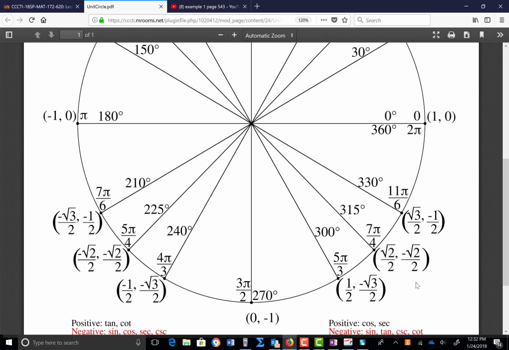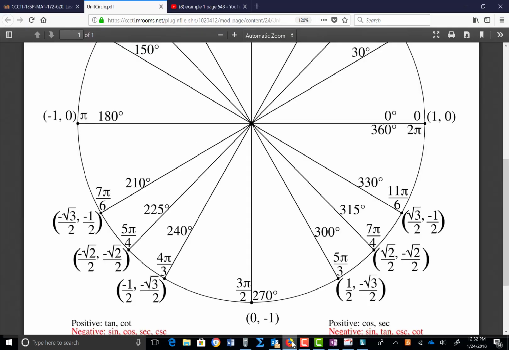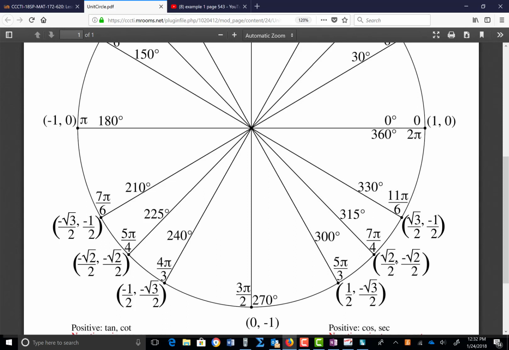So let's pull my whiteboard up, and say I had inverse tangent of negative 1. That would give me this one on my unit circle, but it wants to go from negative 90 to positive 90. So if I'm going backwards, from 0 to 11 pi over 6 would be negative 30, and then negative 45.